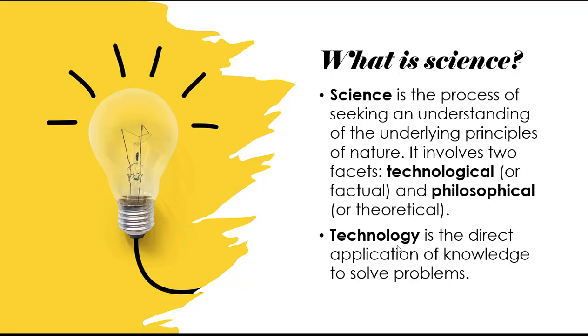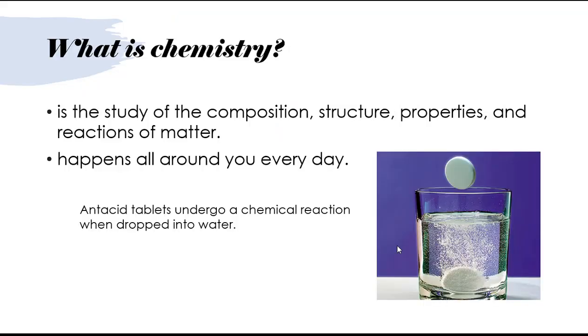So the technology is the so what of science. But we can't have technology without basic foundational science. Chemistry, therefore, is the study of the composition, structure, properties, and reactions of matter. And it happens all around you every day. Great example, think of an antacid tablet that undergoes a chemical reaction when dropped into water.